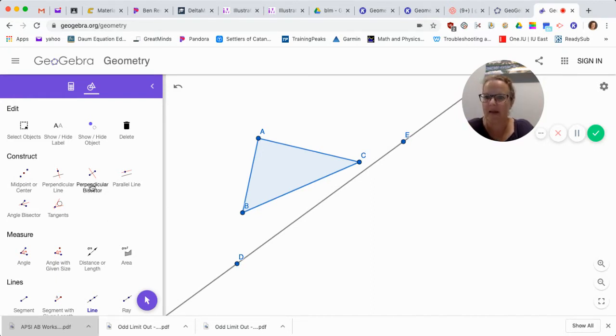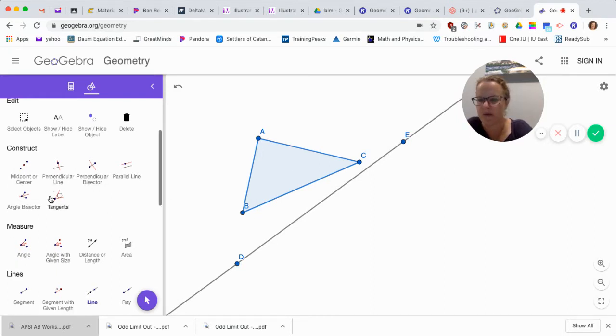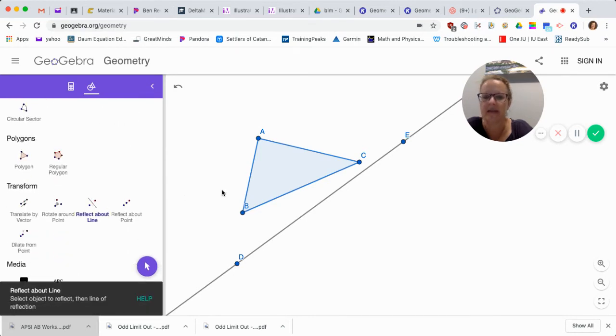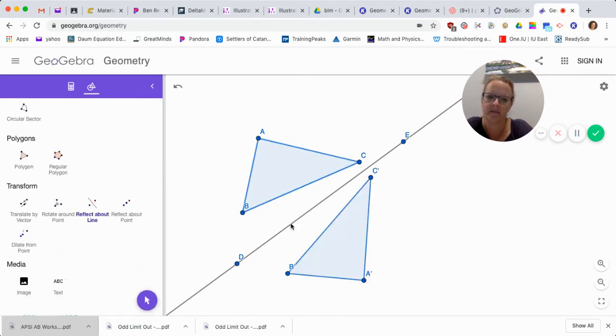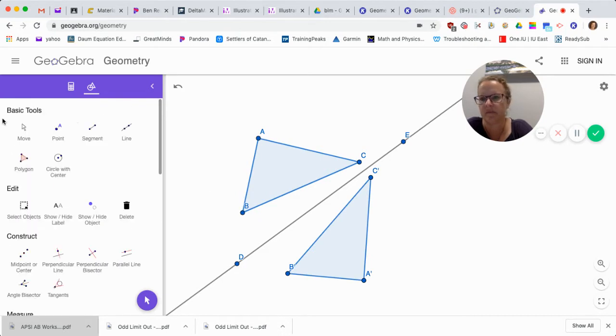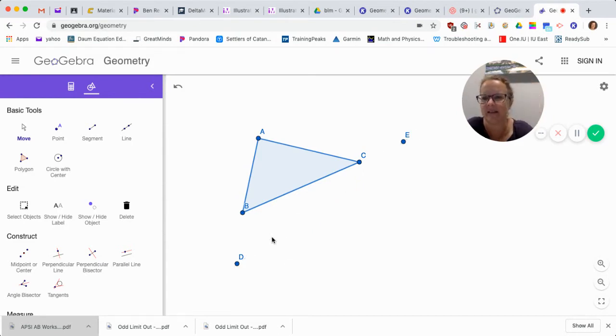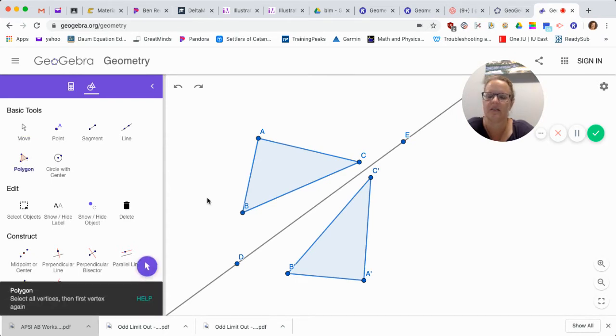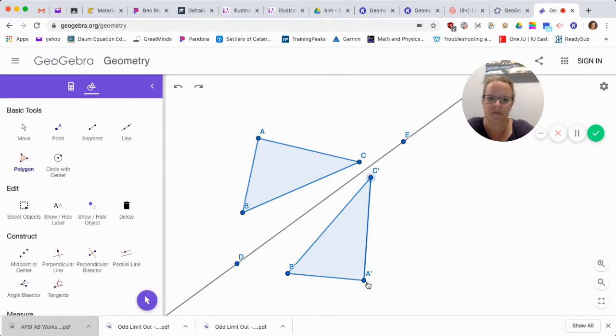Okay, I think I'll be able to erase the line. I hope I will. Again, I should probably test this. So reflect about a line. Cool. Now I'm going to select this line and I hope, delete it. Okay, it's okay. Watch this. I'm going to trick it. I hope.